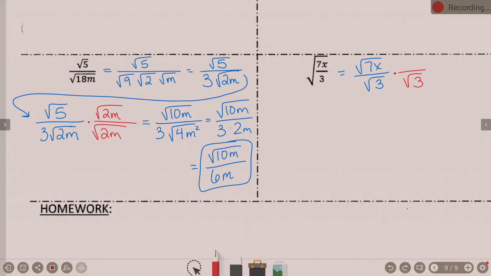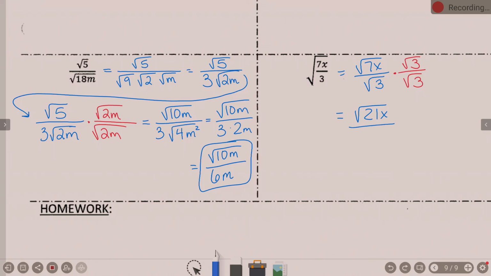If I multiply the bottom of the fraction by square root of 3, you're going to multiply the top of the fraction by square root of 3. Square root of 7x times square root of 3 is square root of 21x.